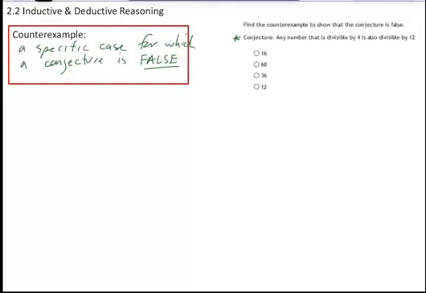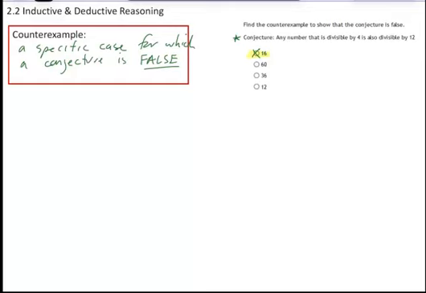So that's what you're looking for, the counterexample to that, and which number would that be? 16 is not divisible by 12, and so that would be your solution. Every other number there is divisible by both 12 and 4. Well, again, if anything is divisible by 12, then it's also divisible by 4. And so you're just looking for the one that disproves that conjecture.